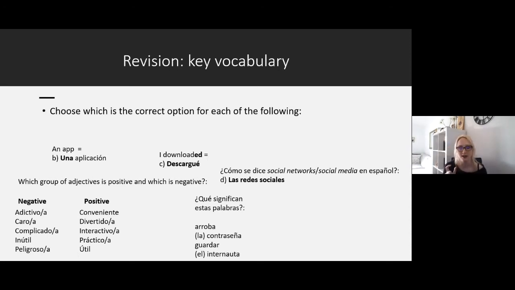So, arroba. Now, for this one, you can just put the symbol, let's say, in the chat. What is the symbol? Arroba, what's that? What's the symbol? That might be a tricky one.